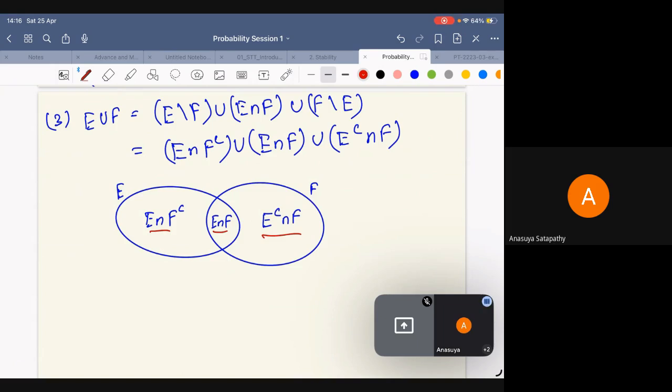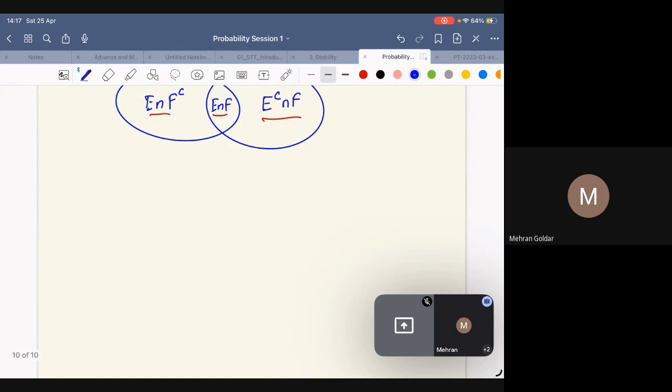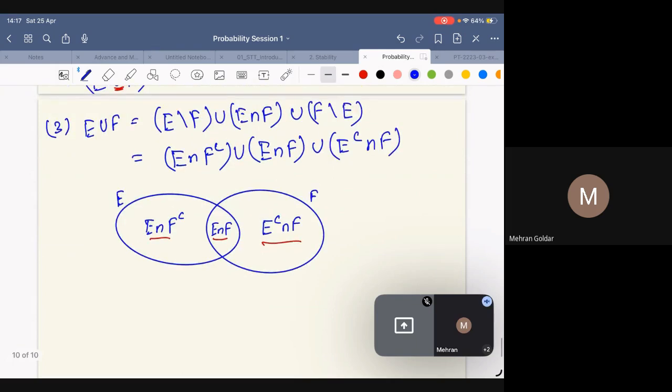Next we go to one more small theorem that we have to discuss, and then we'll go to the question. For the left side, we can say E minus F. This is E minus F, this part.